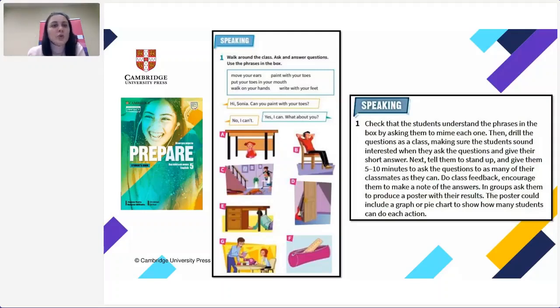It's only up to you whether to use all the recommendations or to use some of them. You can choose according to your students, because some of them have a lower level, some a higher level. It depends.